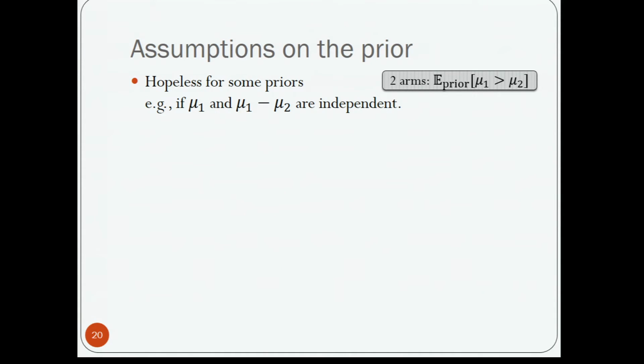So in this case, the algorithm is doomed to always try arm 1. Okay, so it means we need to make some assumption to make it work.